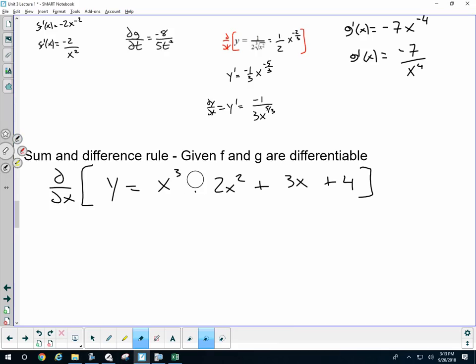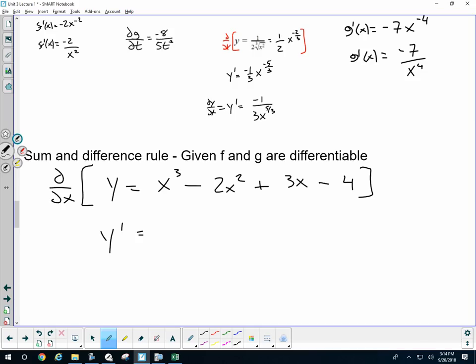Let me throw a minus in one of these. There's nothing special that goes on. You probably would naturally get to the same answer that I would get to.